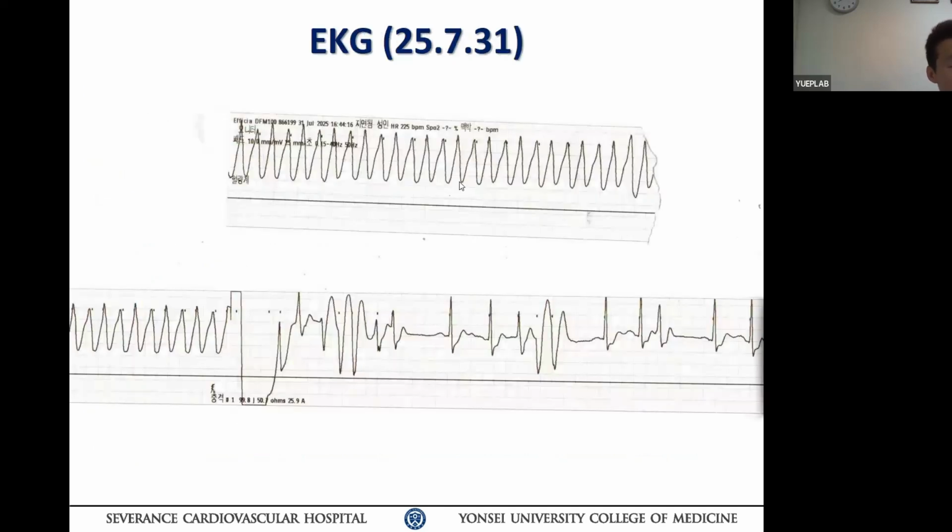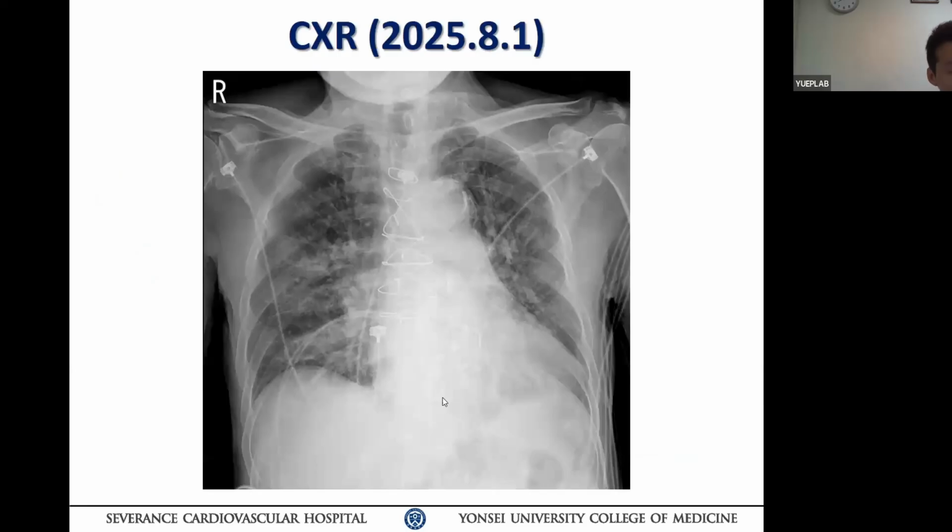And this is the EKG after the VT, which follows the previous EKG. After that, the BP was not stable, so the emergency department did cardioversion, and it returned to sinus rhythm with PVCs. And this is his chest X-ray.